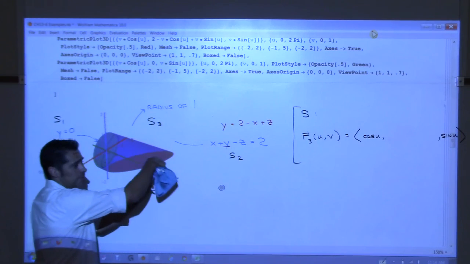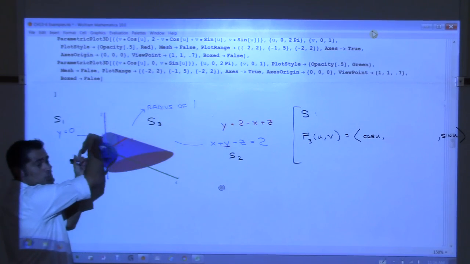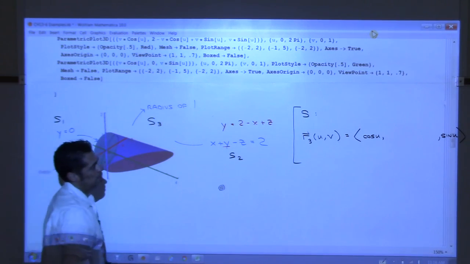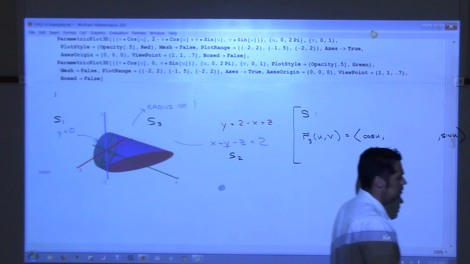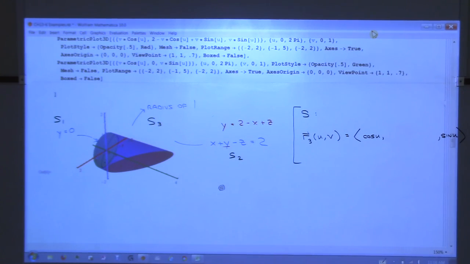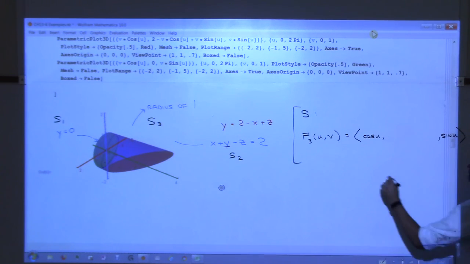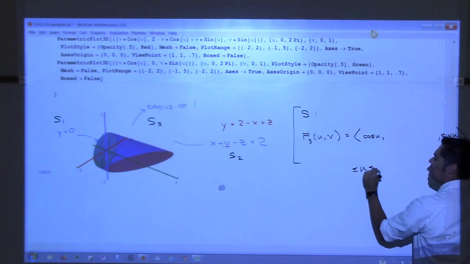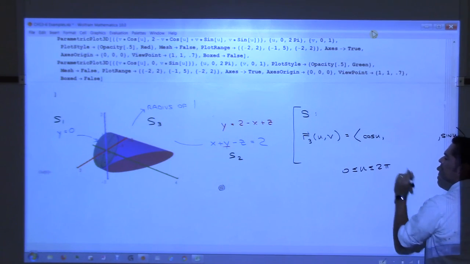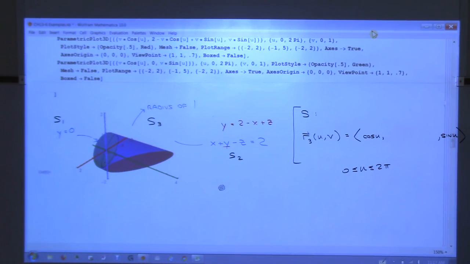Now the question is, what happens to the y coordinate? Okay, so let's imagine this. Right now, u is going to be between 0 and 2 pi, right? We know that because that's going to draw the circle. So let's fix a u real quick.